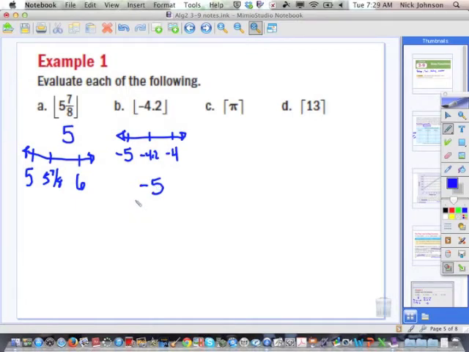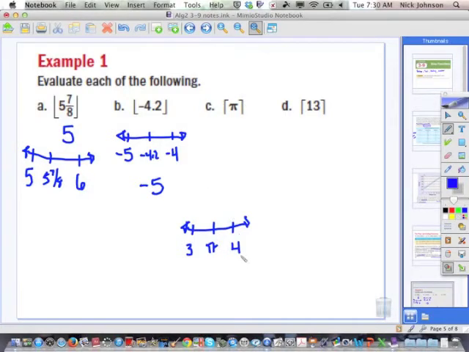Okay? For C, pi is 3.14, as we all know. So the integer to the right is 4. The integer to the left is 3. We want the integer that is above 3.14.